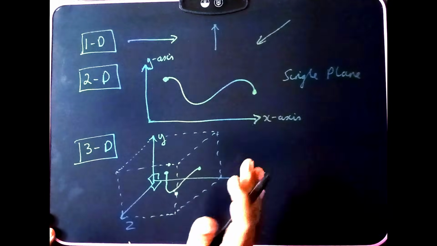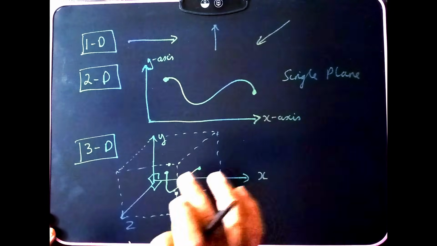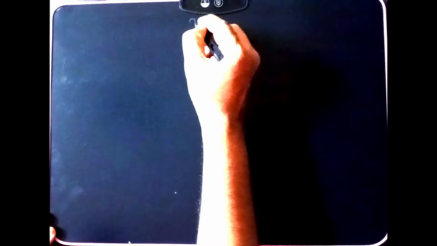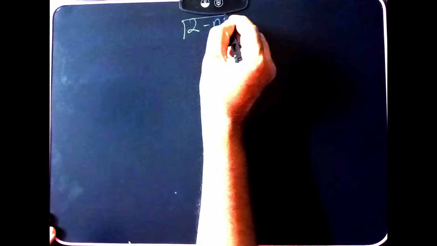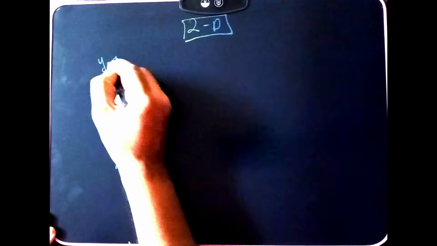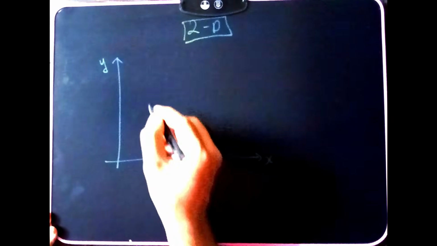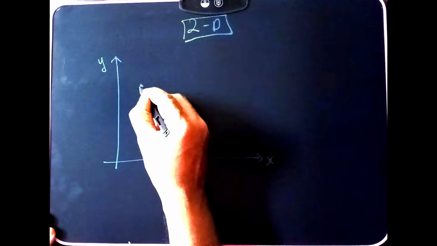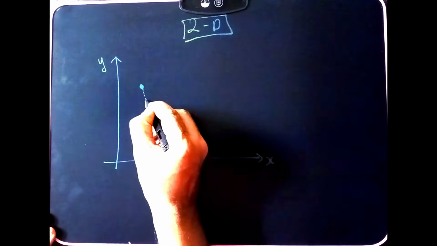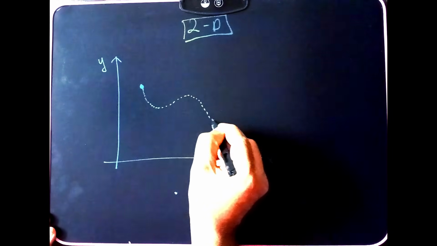Now let's go to the next part of 2D and 3D motion. Let's understand in a little more depth. When we take two-dimensional motion, we take the y-axis and the x-axis. Now the particle is somewhere in the plane and it is moving, taking a curved path.